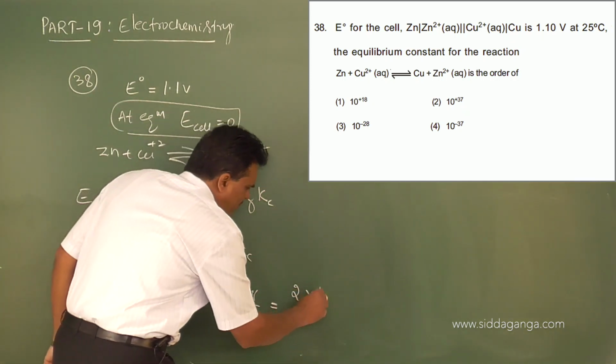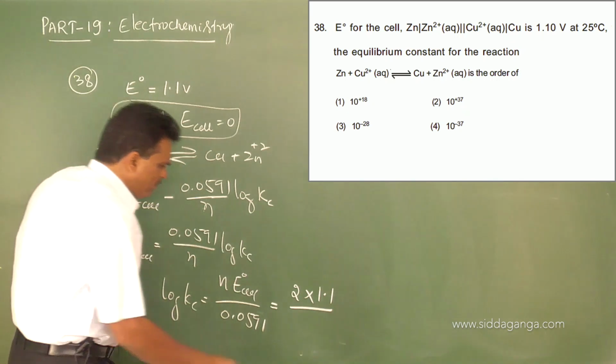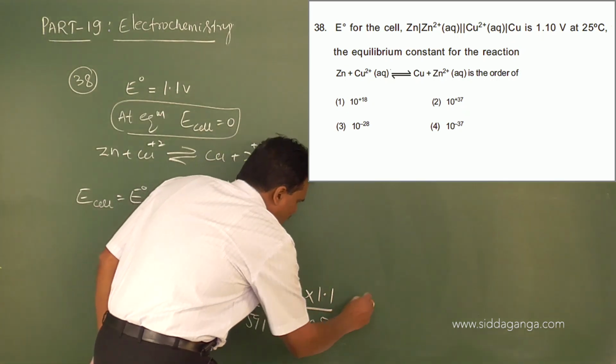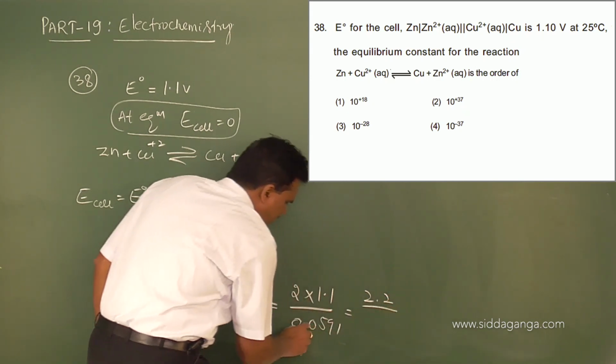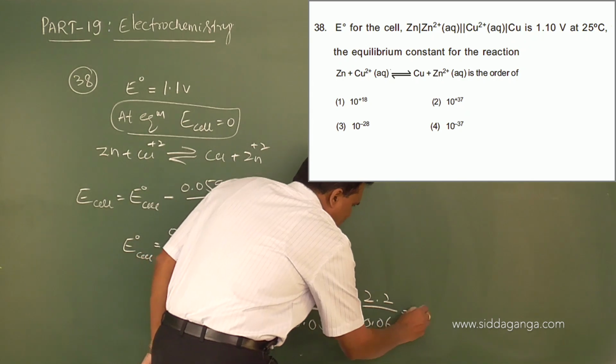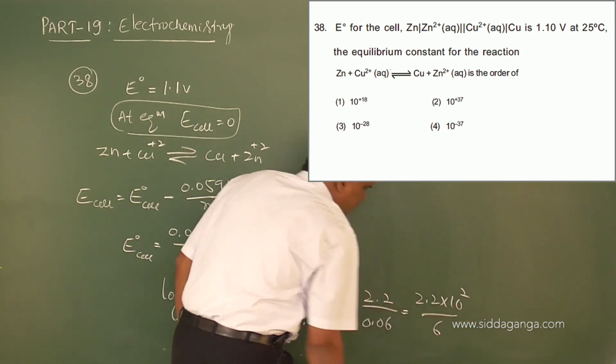So 2 into 1.1, the E naught value is 1.1, divided by 0.0591. It is equal to 2.2 divided by 0.06, which is 2.2 into 10 to the power of 2 by 6.